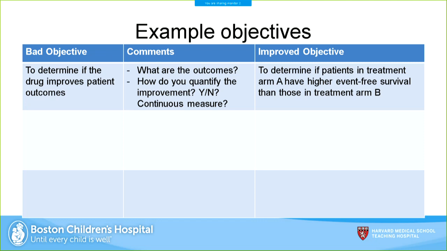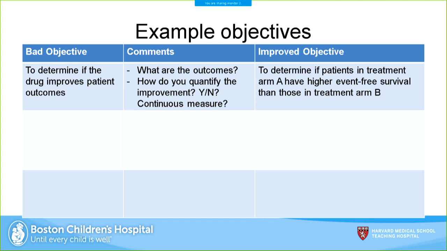So, the question would be, what are these outcomes that we're trying to improve? And how are we going to quantify this improvement? So is it simply yes or no, the patient improved or not based on a threshold? Or are we looking at a continuous measure of outcome? They have 20% better survival at 5 years, or they have 10 points higher on their quality of life score.